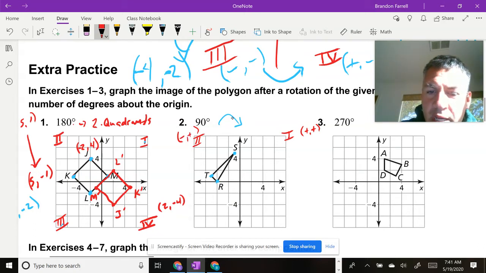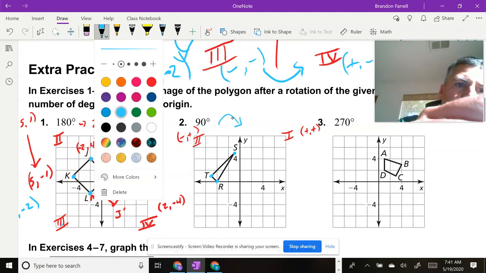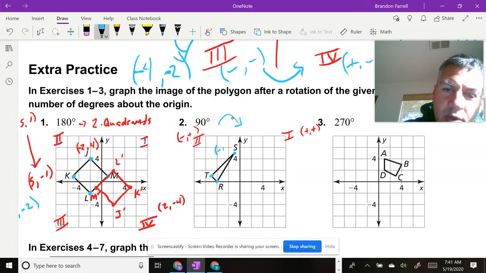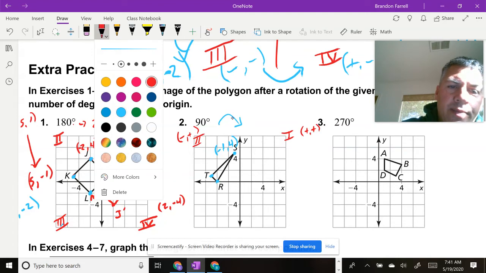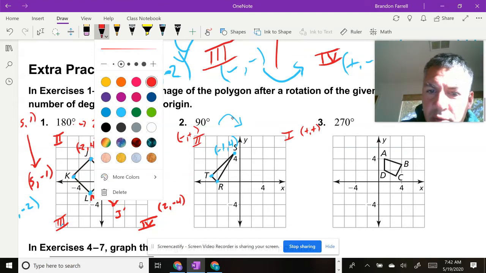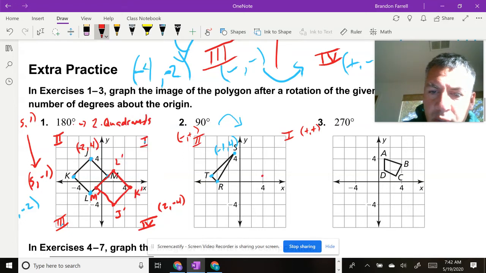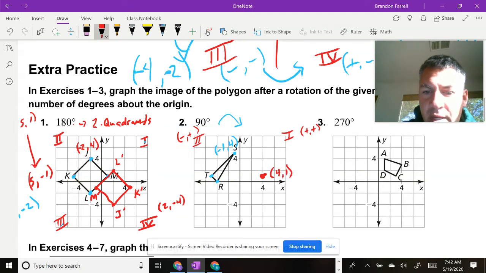So when I do -1, comma 4 for that particular point, this value goes to 4, 1. And you see that scenario goes from here to here. That's a rotation of 90 degrees.